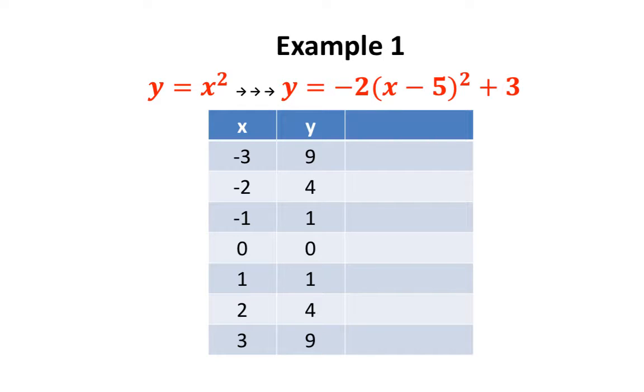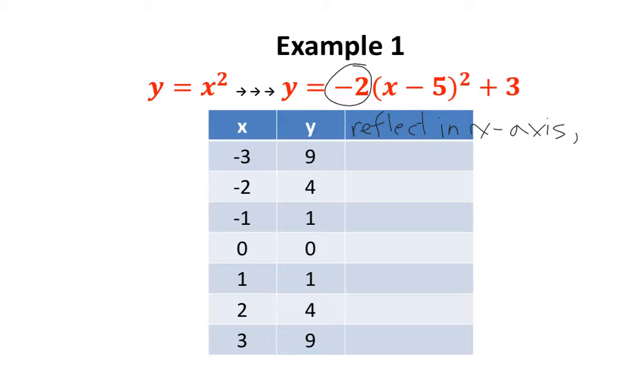At this point, we're going to apply the transformations related to the value of a. Remember, we determined that the meaning of this value was, we're going to reflect the parabola in the x-axis.